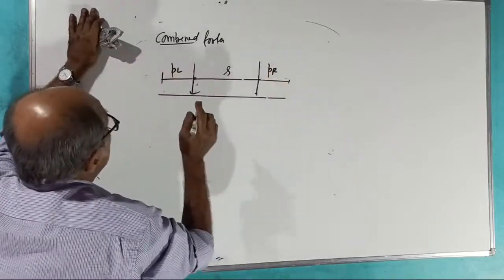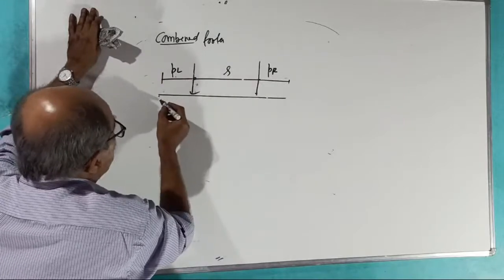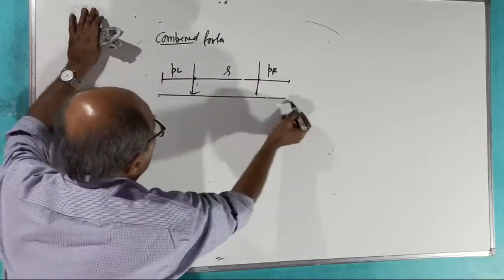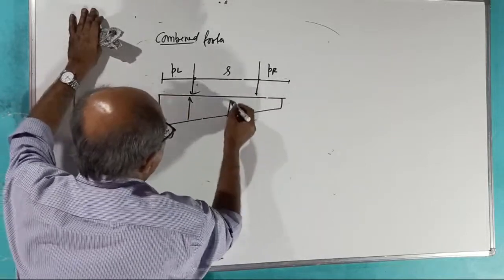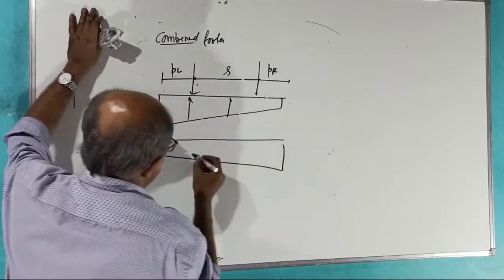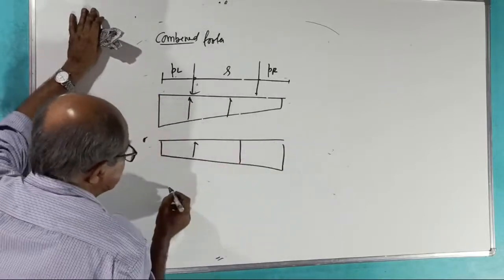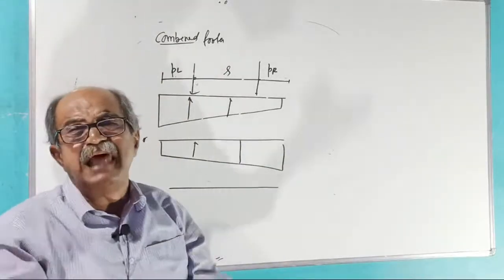Now PL need not be equal to PR. And the upward load, there it is UDL. Here it can be like this, or it can be like this. And the rarest of rare case, what? Tell me. It never happens.